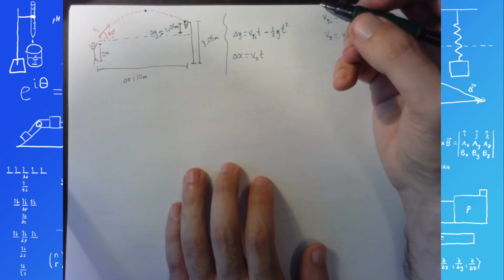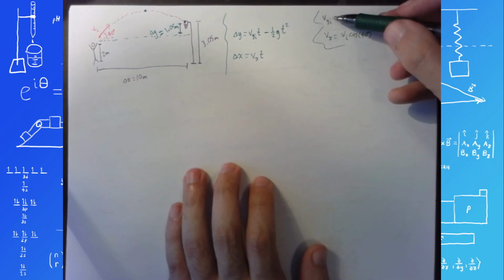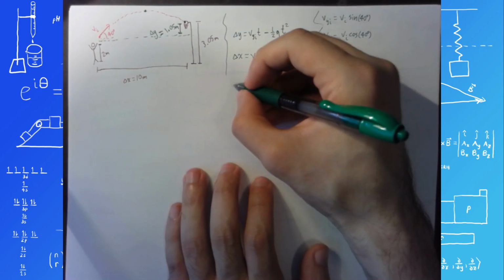So let's see. I want to rewrite both of these with Vx and Vy initial substituted.